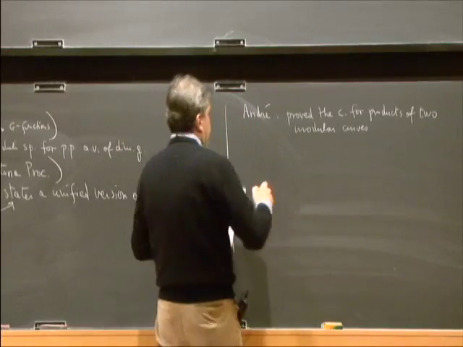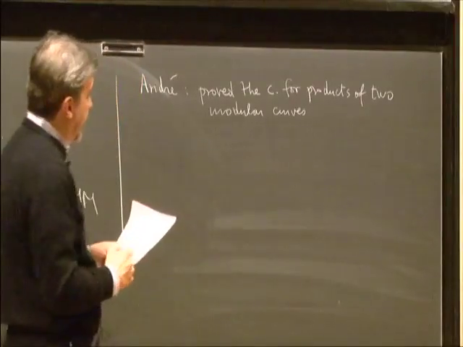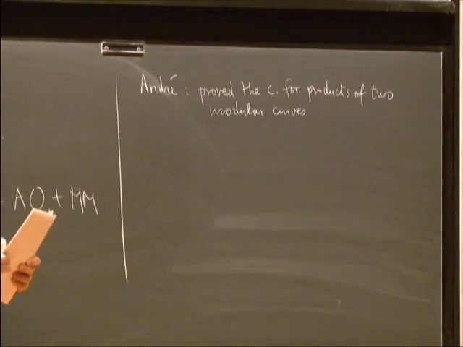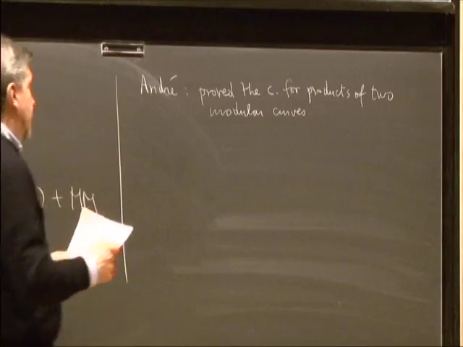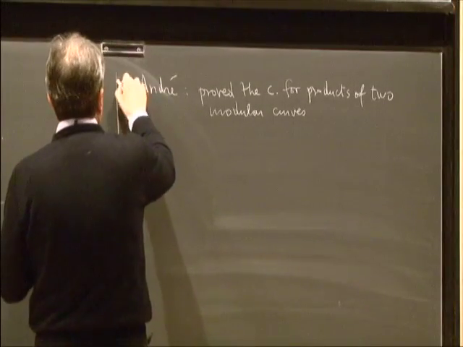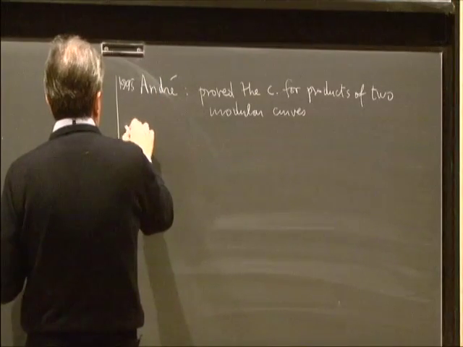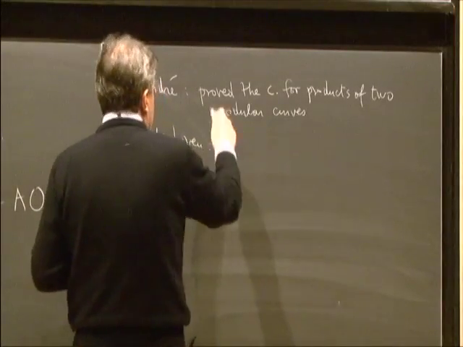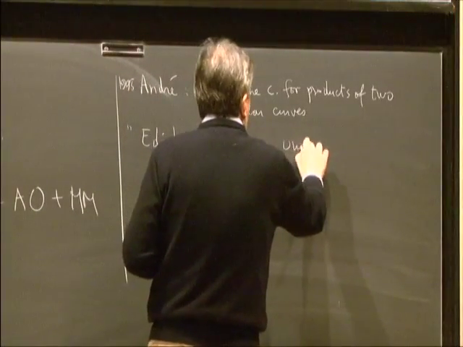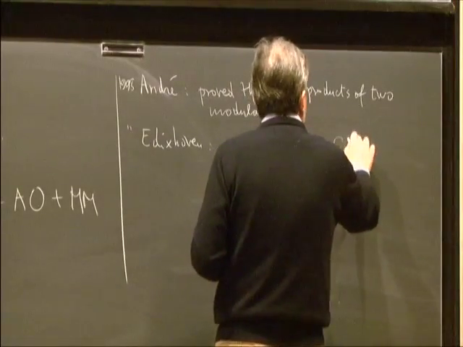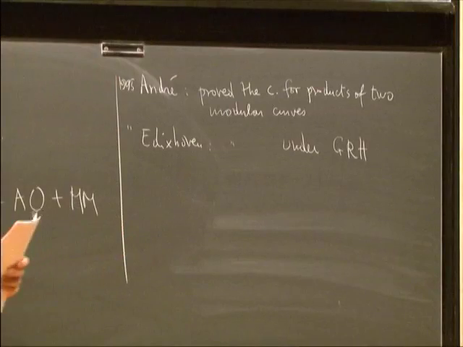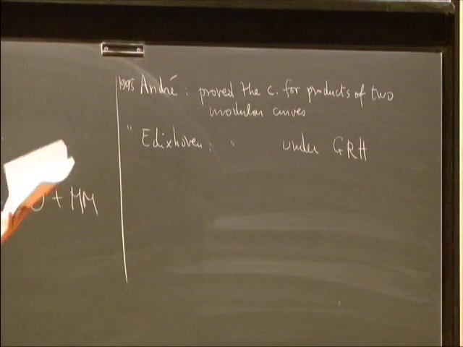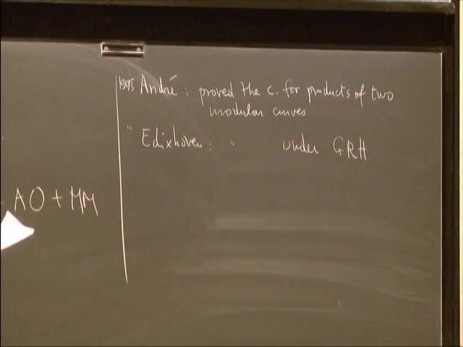And then this was, until recently, practically the only unconditional result in this direction. This was done in 1995, and about simultaneously, Edixhoven did the same, but actually he required for his argument the Riemann hypothesis for zeta functions of imaginary quadratic fields. And this generalized Riemann hypothesis was present in all the subsequent proofs until recently.